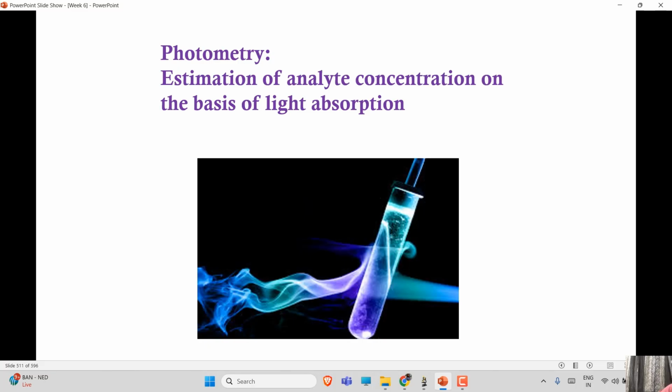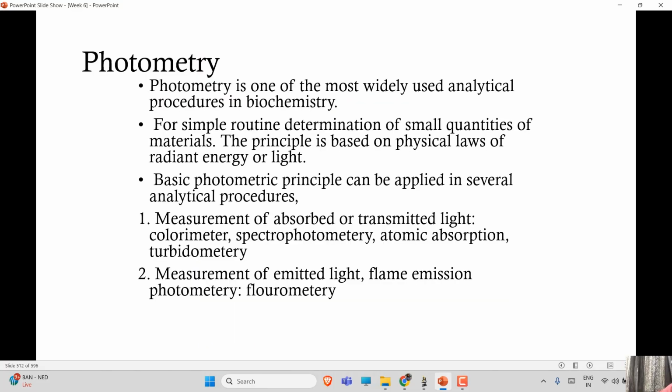Why, we'll discuss. First we'll talk about photometry, estimation of analyte concentration on the basis of light absorption. Photometry is one of the most widely used analytical procedures in biochemistry for simple routine determination of small quantities of materials. The principle is based on physical laws of radiant energy and light.